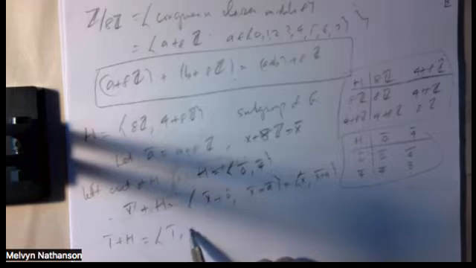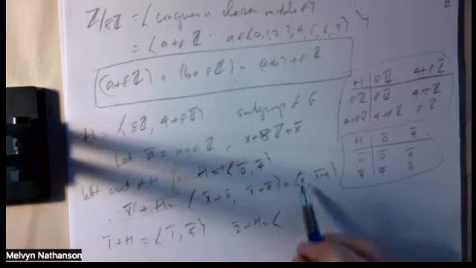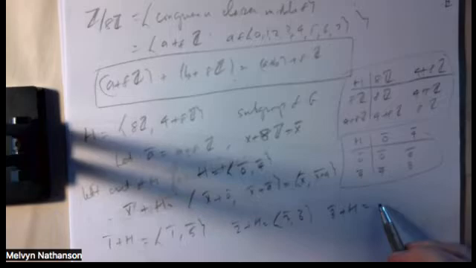So for example, 1 plus H is 1 and 5. 2 bar plus H is 2 and 6. 3 bar plus H consists of the two cosets, 3 and 7. And of course, this is H, 0 and 4.